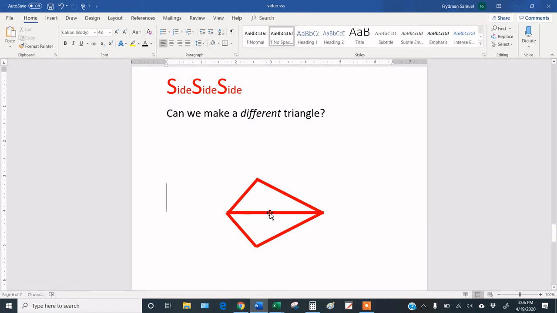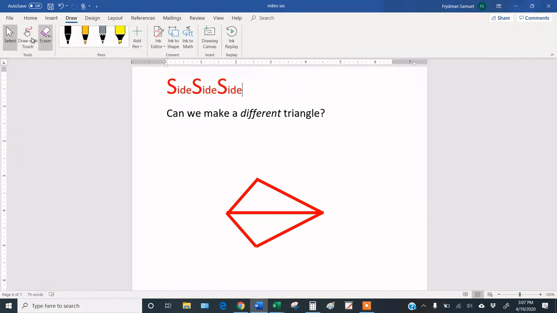The bottom of this original triangle is the same as the top of this triangle. This side is the same as this side, and this side is the same as this side. So all the sides are the same, obviously, because we had side, side, side conditions. So we were not even allowed to change the side lengths. But all of the angles are also the same.